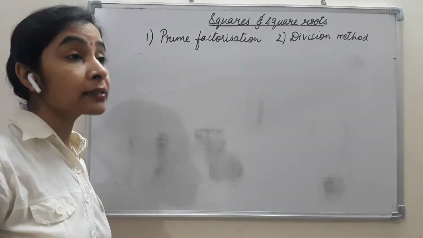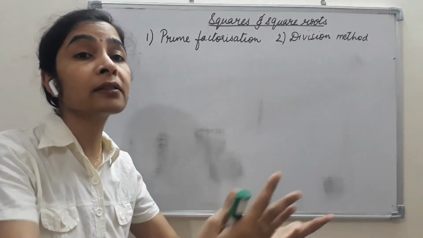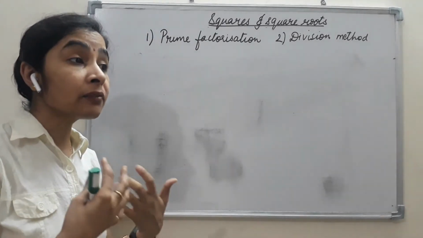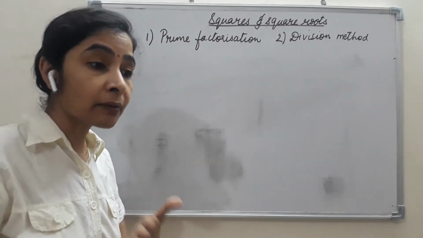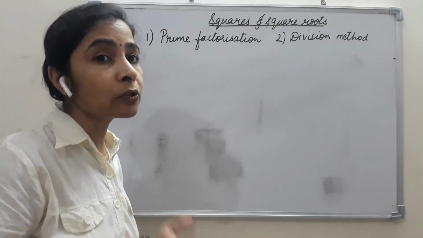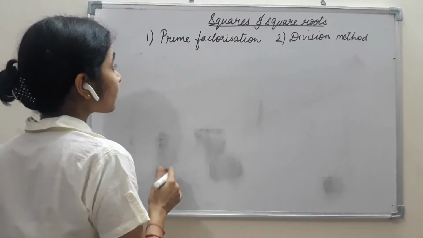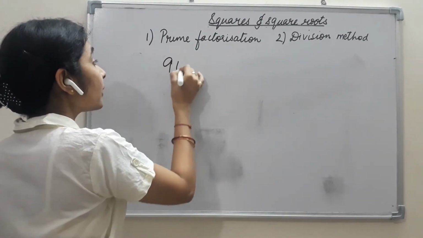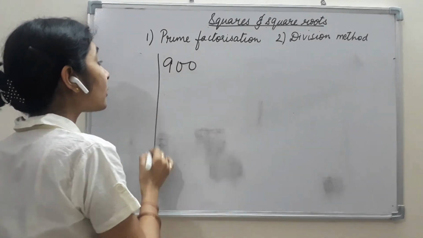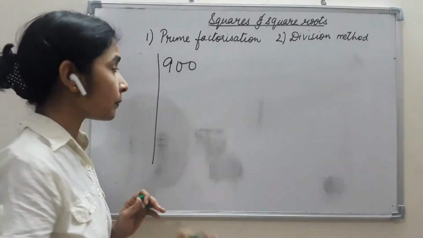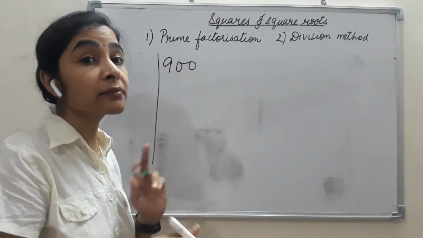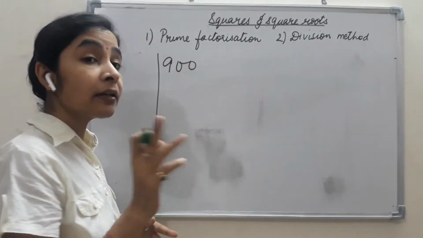It can also be asked that a gardener wants to plant the plants, and he wants to plant in such a manner that the number of plants in one row is equal to the number of rows. So how will he do that? Now I took an example of 900. So 900 students are there, or 900 plants a gardener wants to plant, but in each row there should be as many plants as there are number of rows.